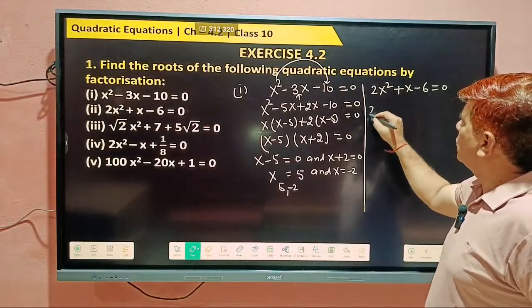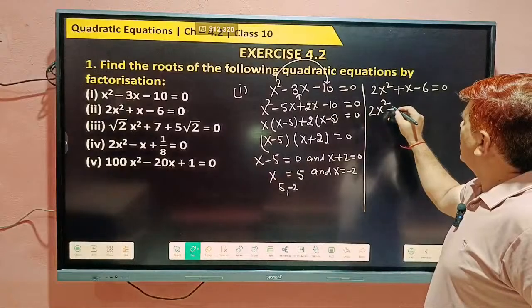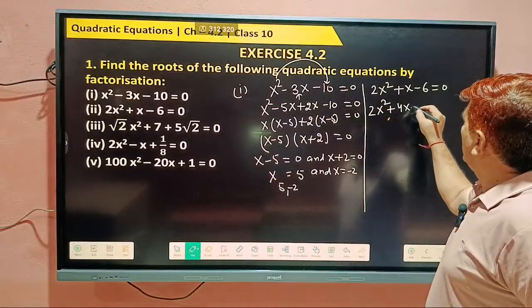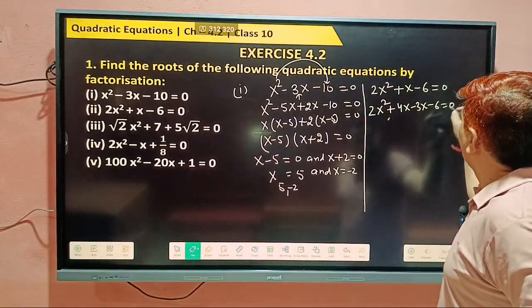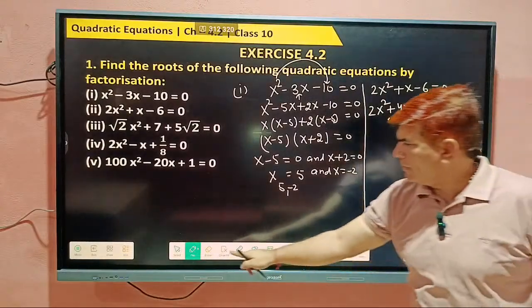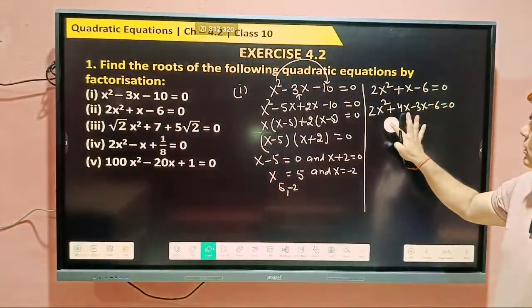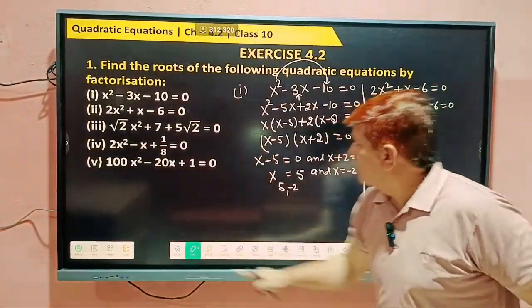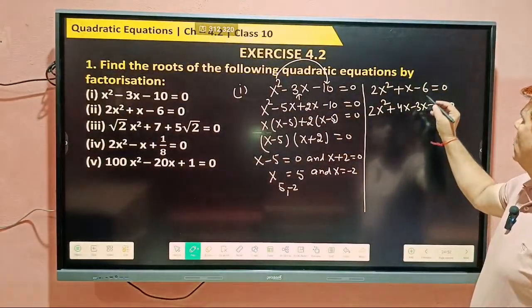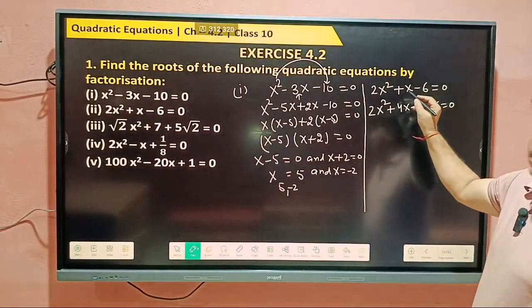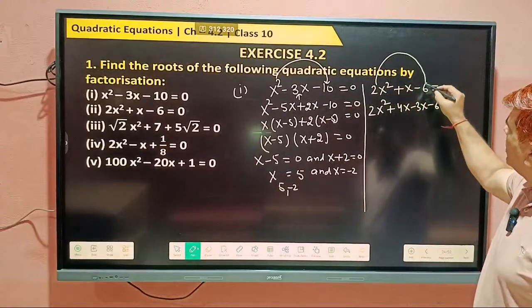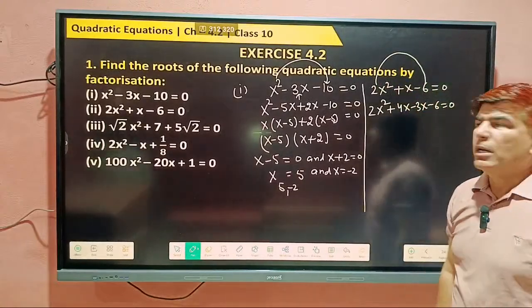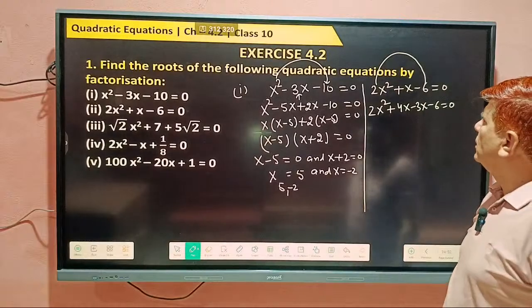So make the factors: 2x square plus 4x minus 3x minus 6 equal to 0. One time check their sum. Their sum is also equal: 4x plus or minus 3x leaves plus 1x. Their multiplication is minus 12x square, and their product is also minus 12x square. It means we are right.